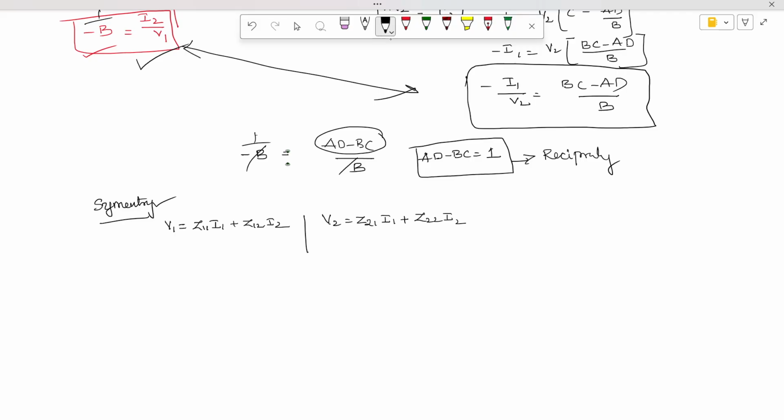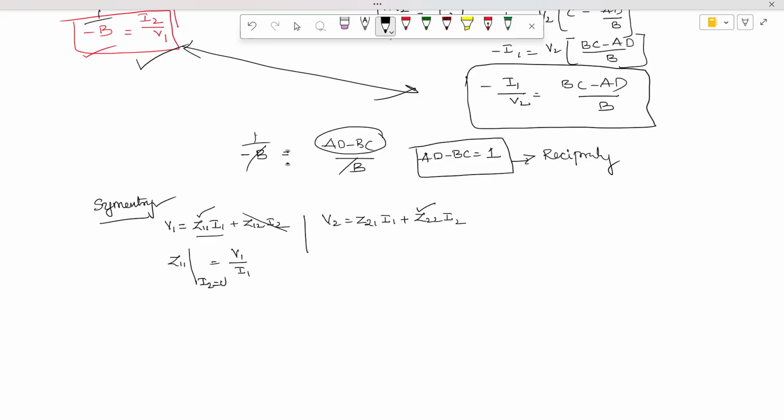What is the condition for symmetry in Z parameters? How will I get Z11? I get Z11 only when I make the I2 term 0. Z11 is nothing but V1 by I1.